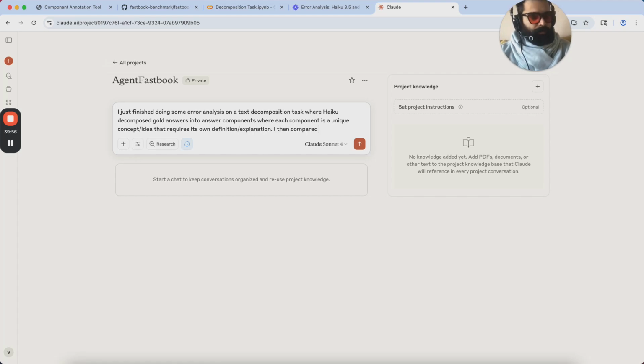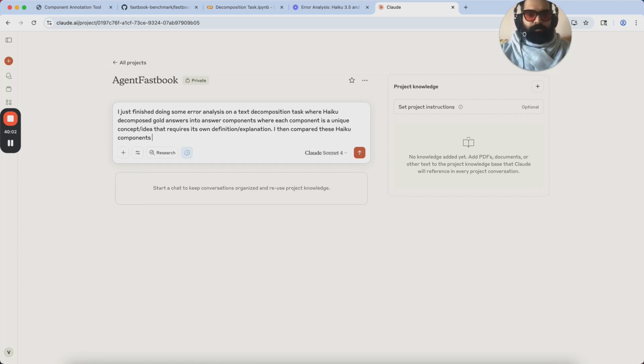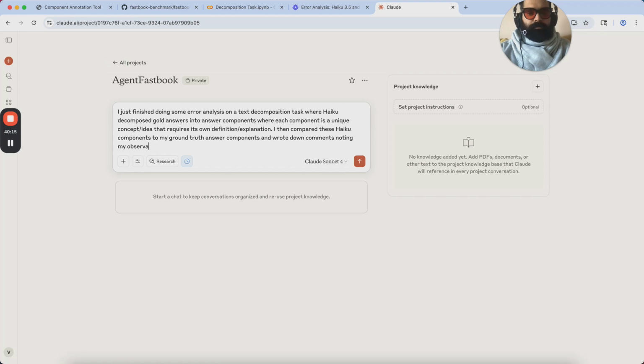I then compared these Haiku components to my ground truth answer components and wrote down comments noting my observations on the pros and cons of how Haiku decomposed the gold answer text.